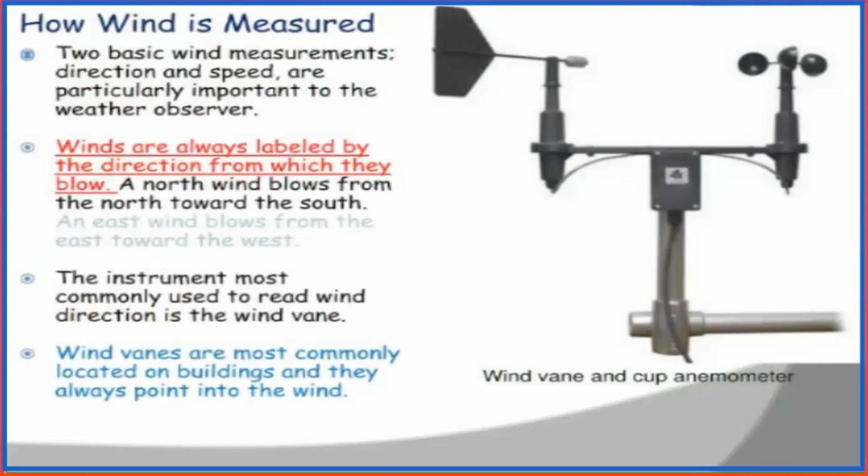An east wind blows from the east towards west. The instrument most commonly used to read wind direction is the wind vane. Wind vanes are mostly located on buildings and they always point into the wind.